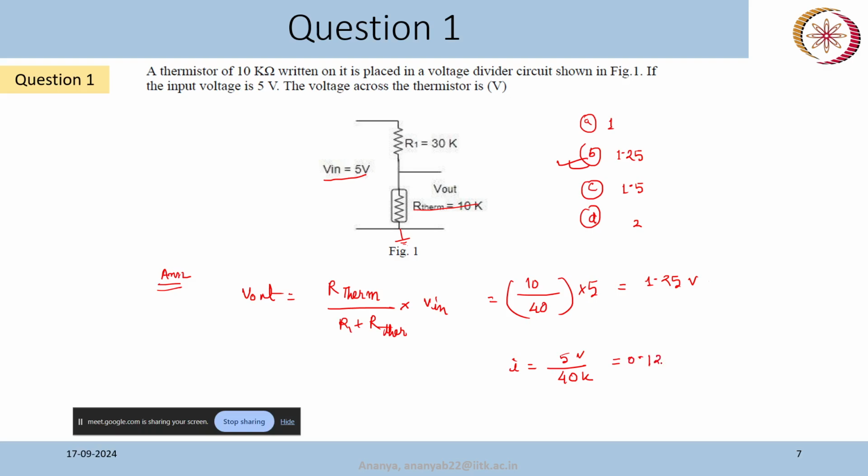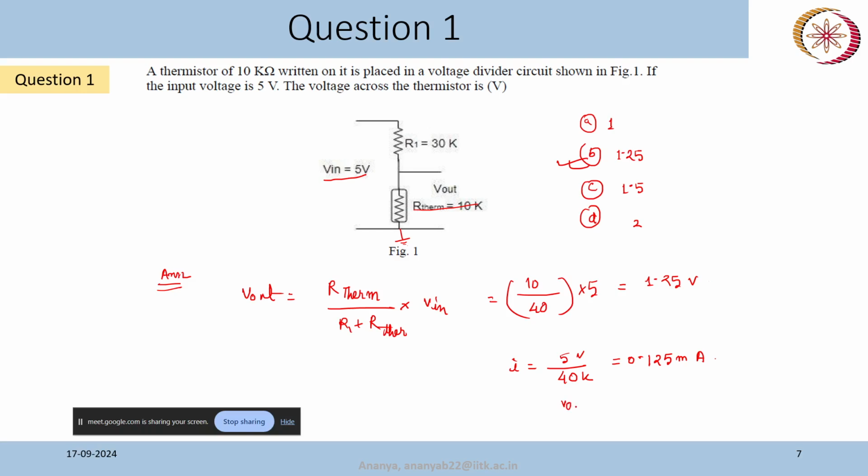So 0.125, this will be milliampere, right? So instead of 5 volt, if in the question it is given that 0.125 milliampere is flowing through the circuit, right? So you can calculate what is the drop across 30 kilo ohm.